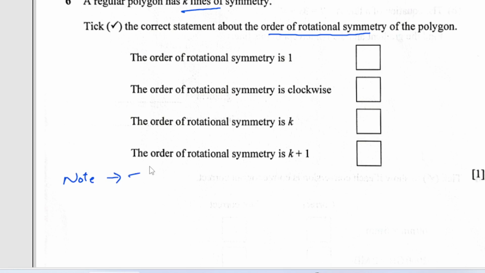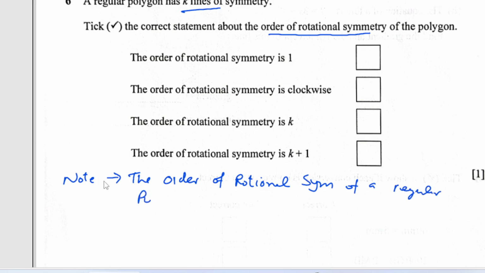The order of rotational symmetry of a regular polygon is the same as the number of lines of symmetry.